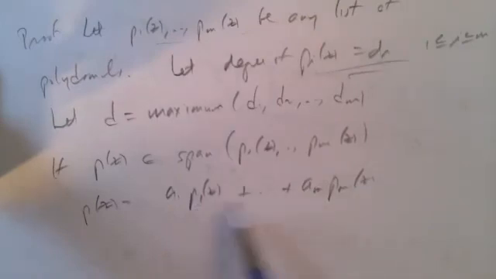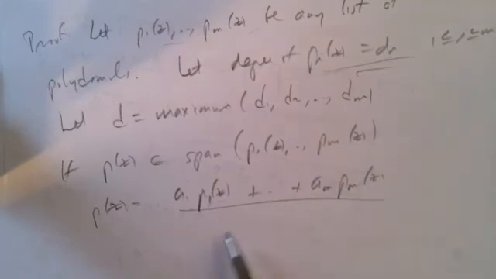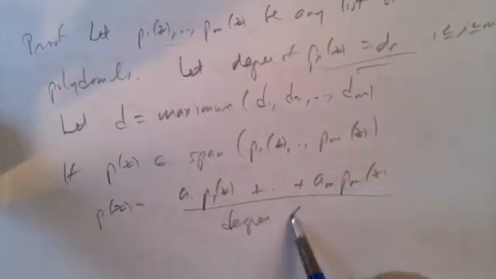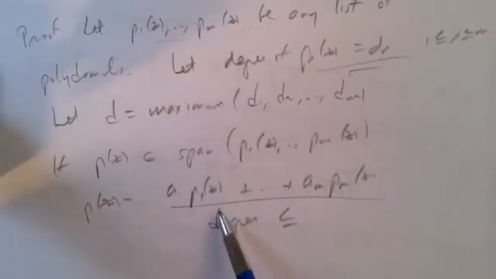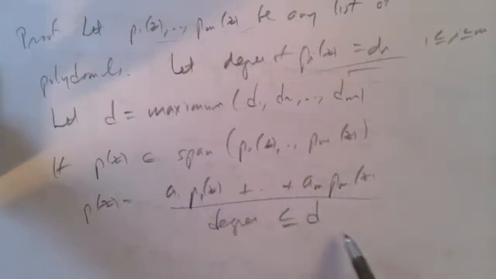It's some linear combination of these polynomials. And when you multiply a polynomial by a scalar, you don't increase the degree. And so this has degree at most the maximum of the degrees of these polynomials, at most d.